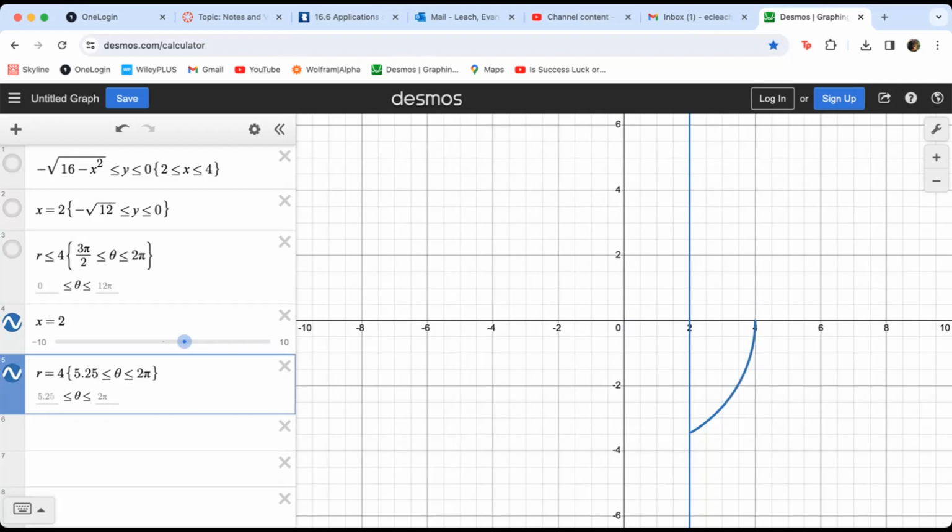But if I change this to r less than or equal to 4, what's going to happen? I'm going to get this part of the circle that I want. But if I trade r less than 4 for r less than or equal to 4, are we going to get the right region? Let's find out.